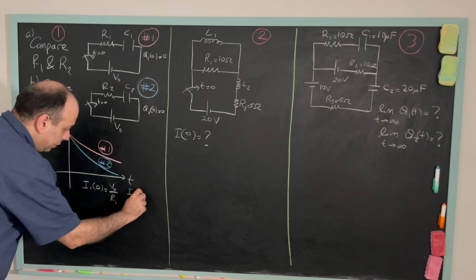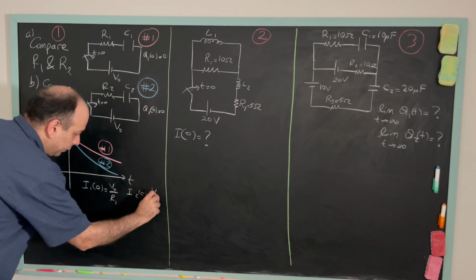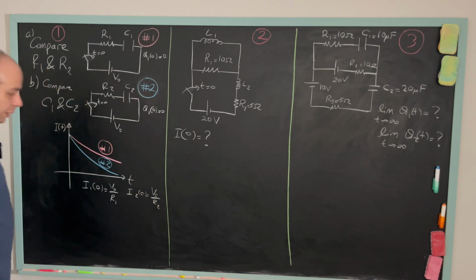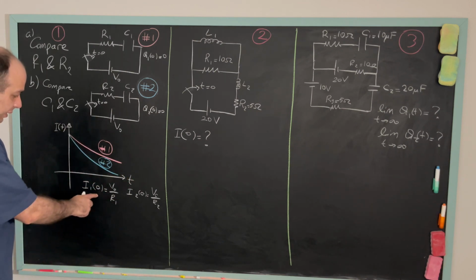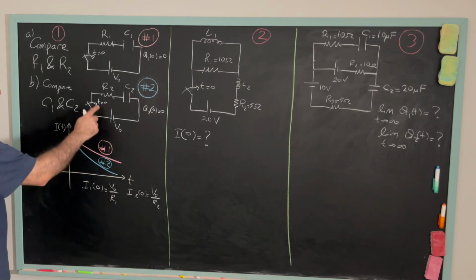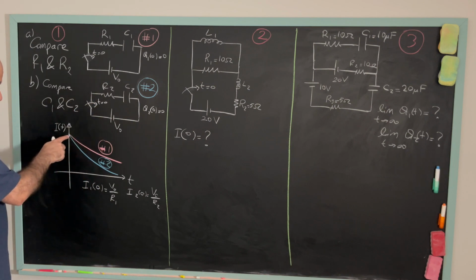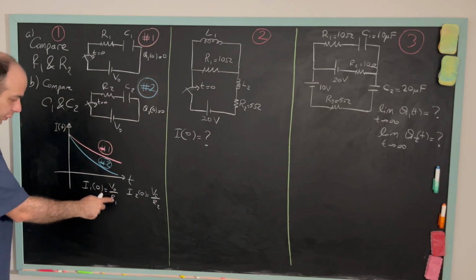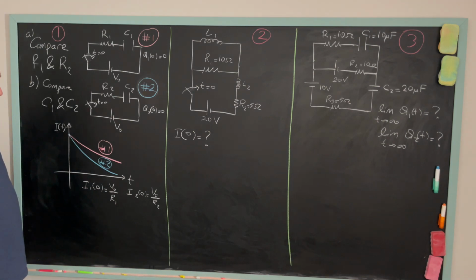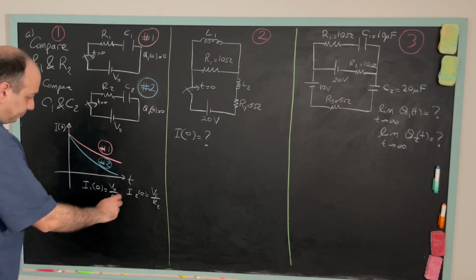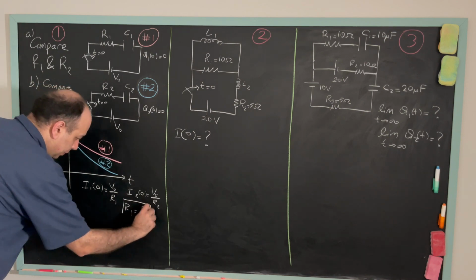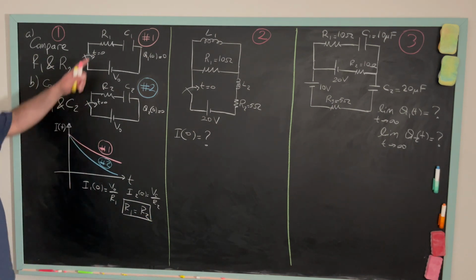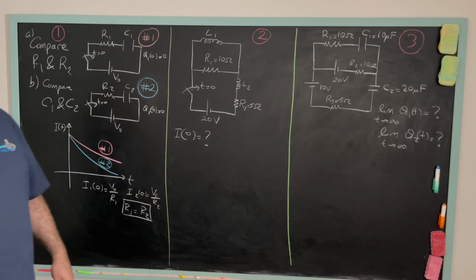And I2(0) would be equal to V0 over R2. From the I versus time graphs, what I see is when time t is equal to 0, these 2 currents have the same value. So V0 over R1 must be equal to V0 over R2. This suggests that R1 must be equal to R2. So these 2 resistances should have the same value.